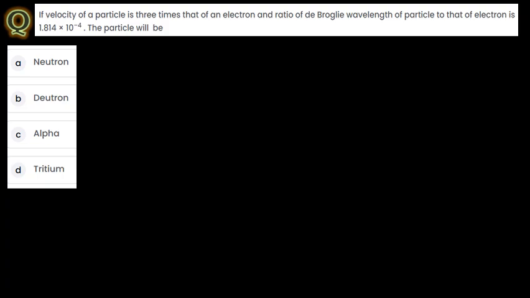See, for this one I just mention that the de Broglie wavelength lambda is equal to h divided by p. Now h is a constant, so lambda is equal to h divided by m into v. So for example, lambda of the particle is h divided by the mass of the particle and the velocity of the particle.